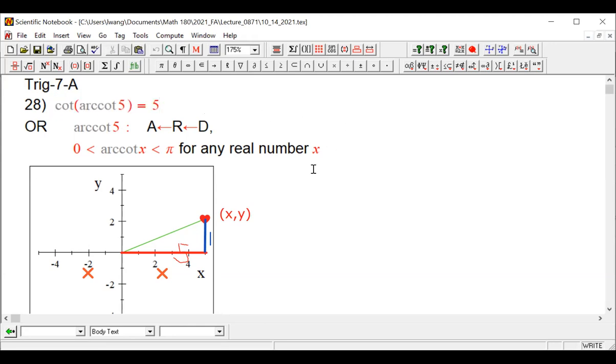Even if you don't know these special formulas, if you just know the ARD, the range and the domain of ArcCotangent, you can see we've been focused so much on domain, range, intercepts. Aren't they important? Important, right?